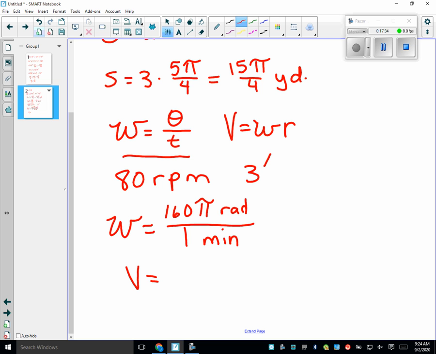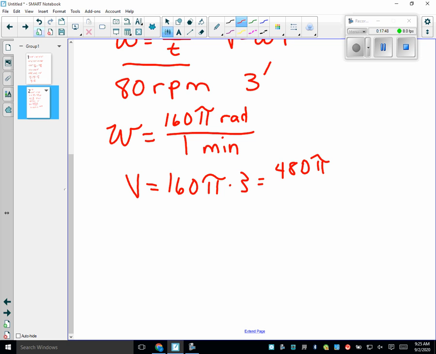So is it going to be 480 pi what? Linear is a measure, because we put in the radius of 3 feet, didn't we? So feet per minute. Are we good? Yes.